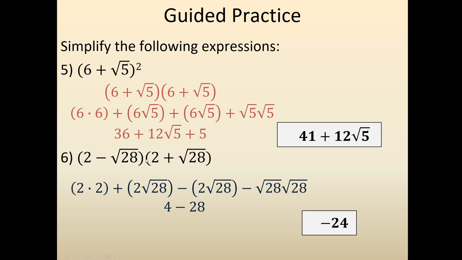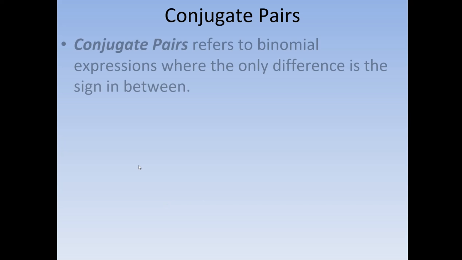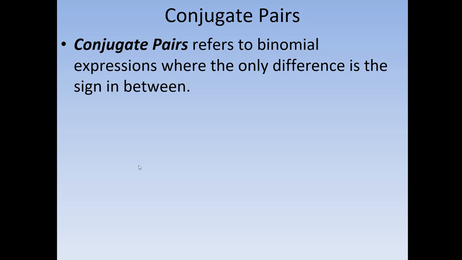Now this specific term actually has a very special name. It's called a conjugate pair. We haven't said that word at all this class, but a conjugate pair is referring to a binomial where the expression is identical except that the sign, or whatever operation is between them, is the opposite.